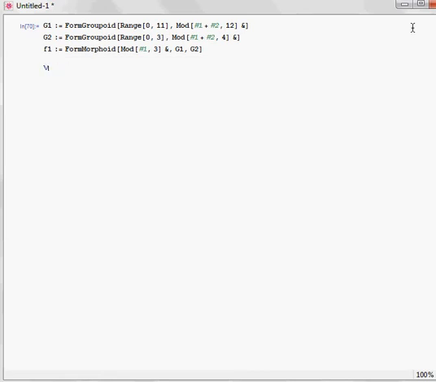I could, for instance, compute the kernel of that morphism. And if I would make it this, I'd get another kernel, of course.